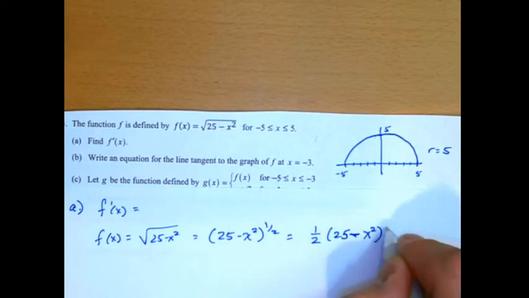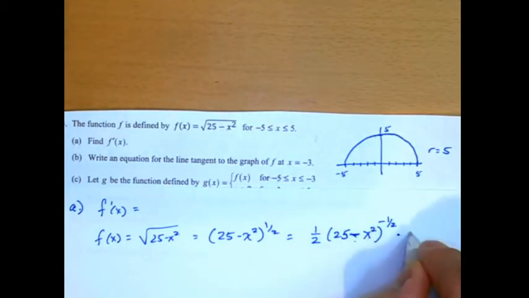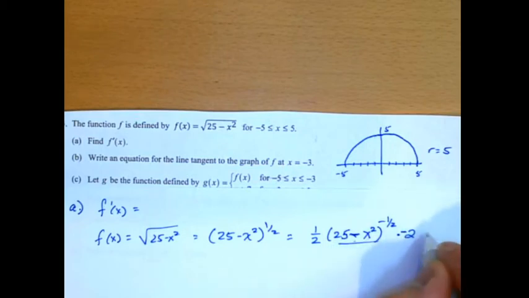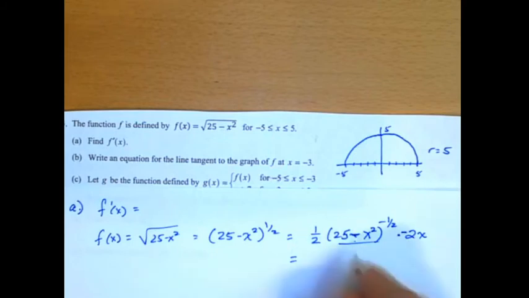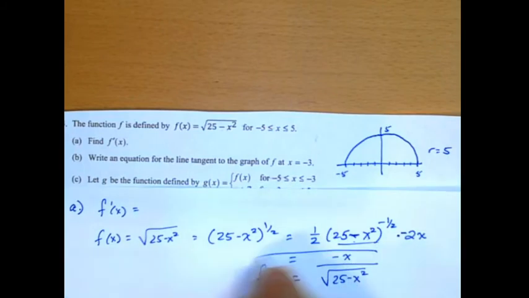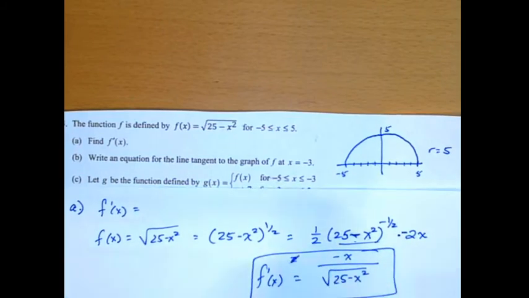We drop the power by 1. And then we have to multiply by the derivative of the inside because of the chain rule. So that's minus 2x. That is an acceptable answer, but let's clean it up a little bit. The 2's cancel, so it would be -x over the square root of 25 minus x squared. Okay, so f prime of x is equal to that.